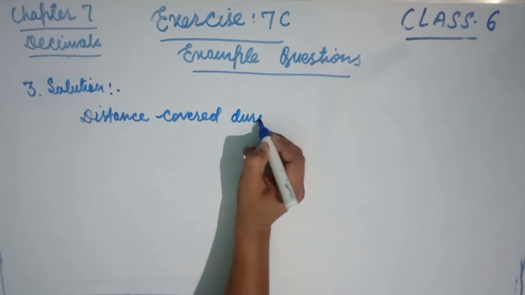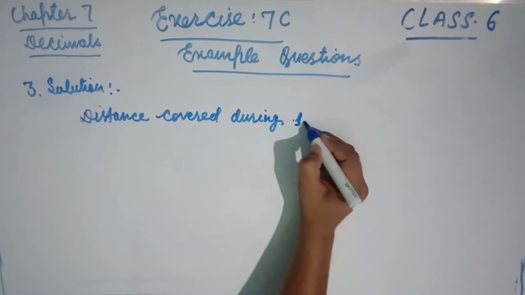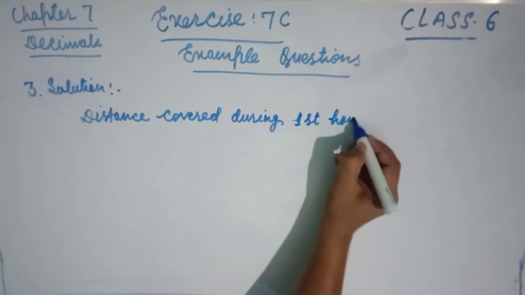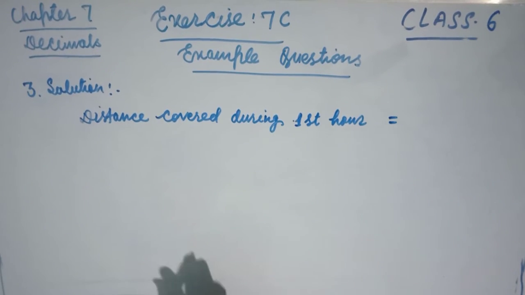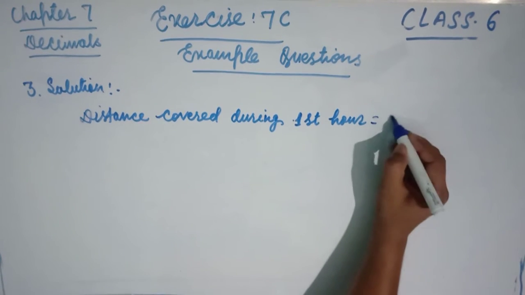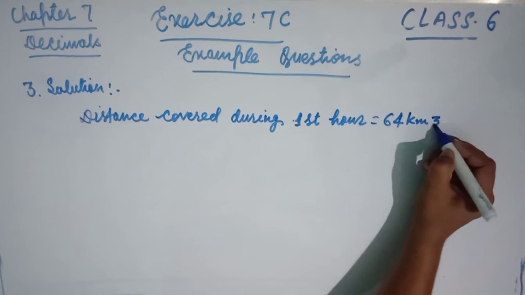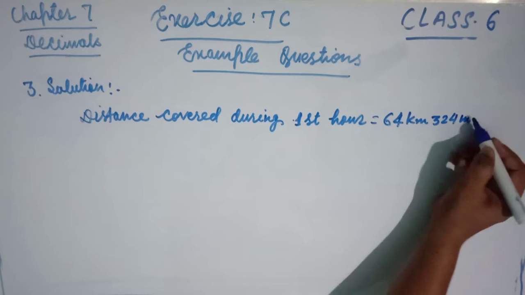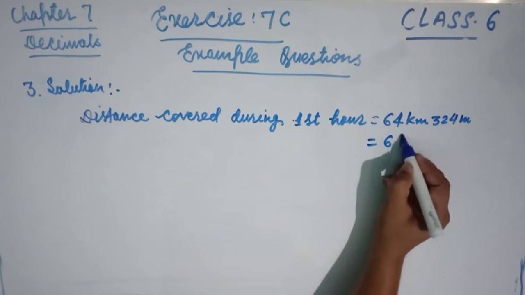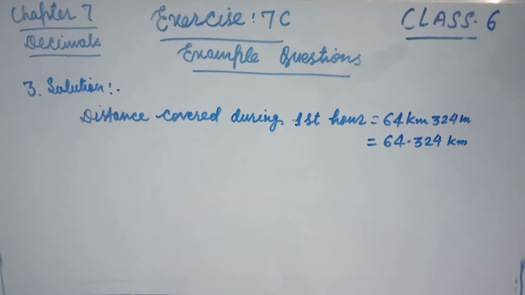The given distance is 64 km and 324 meter. So this could be written as 64.324 km. I hope you will understand.